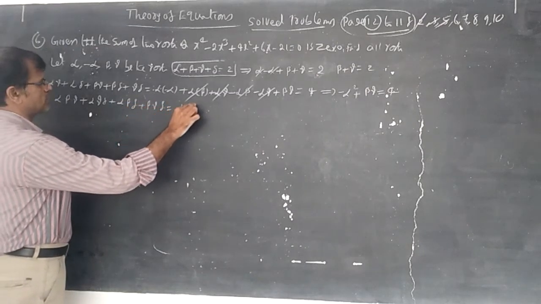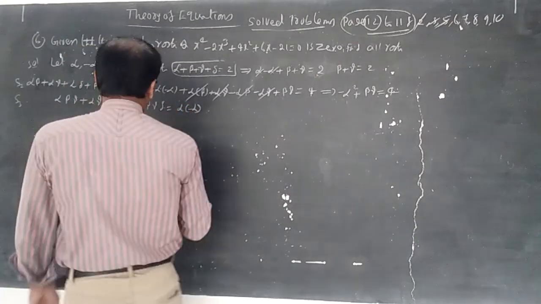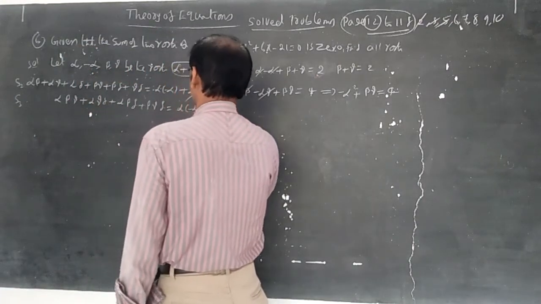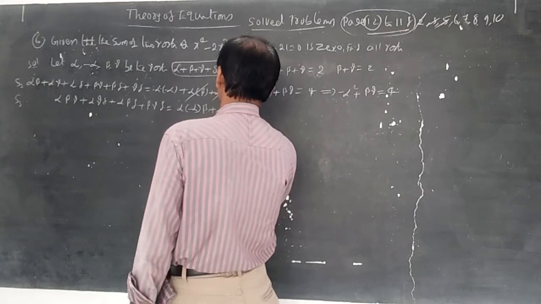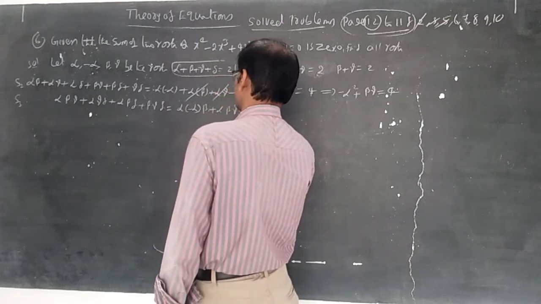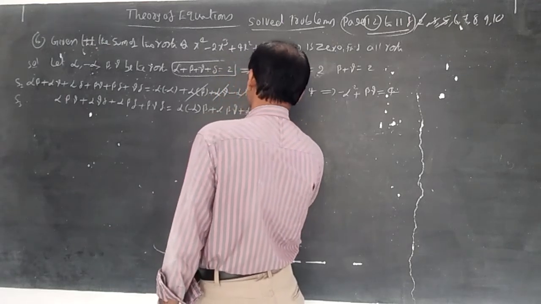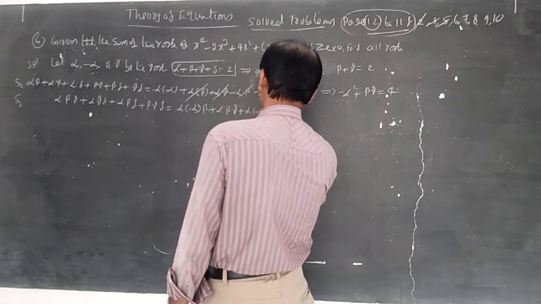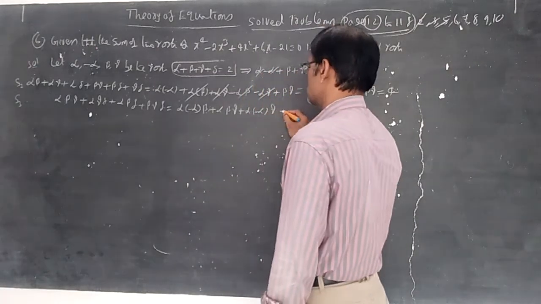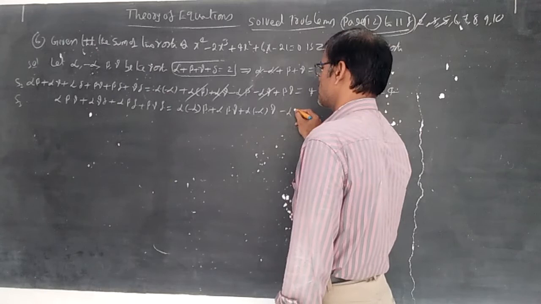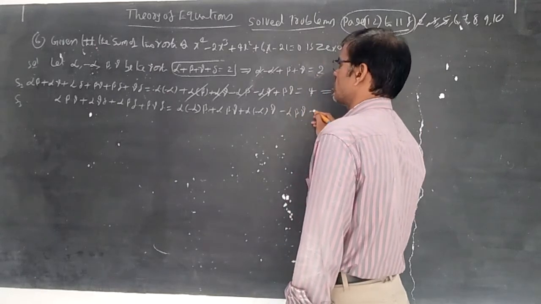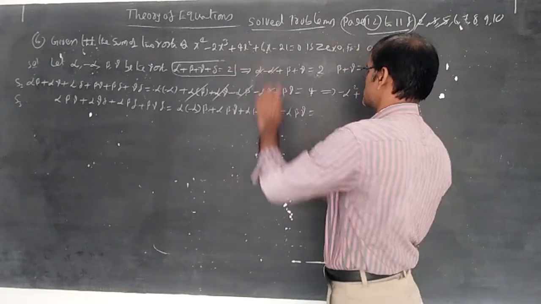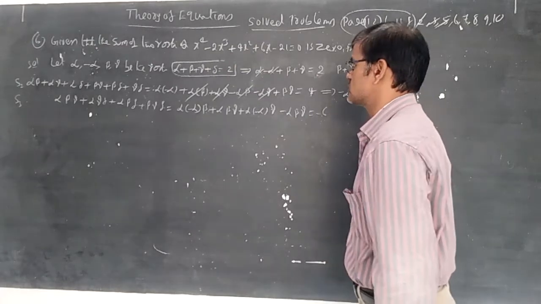So alpha into minus alpha into beta plus alpha into beta into gamma plus alpha into minus alpha into gamma, plus minus alpha into beta into gamma is equal to minus 6.